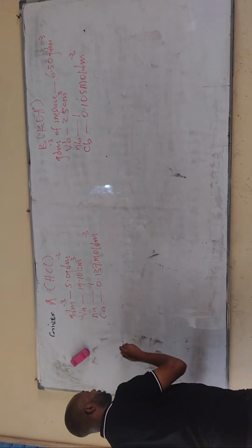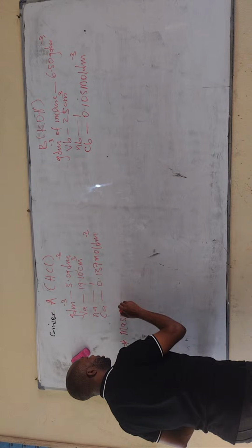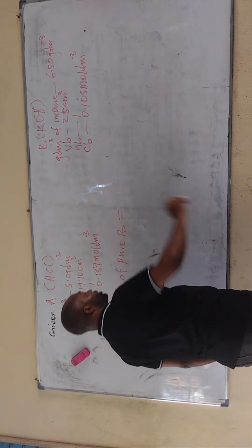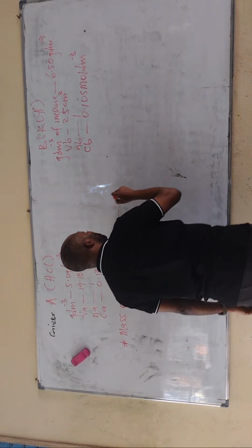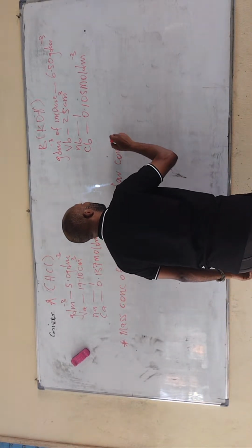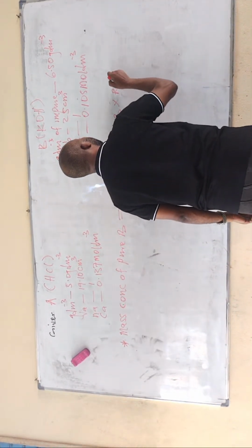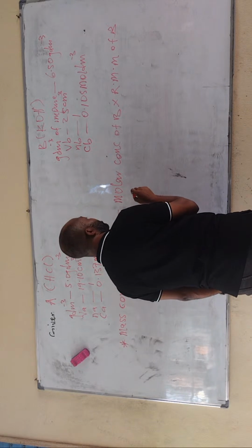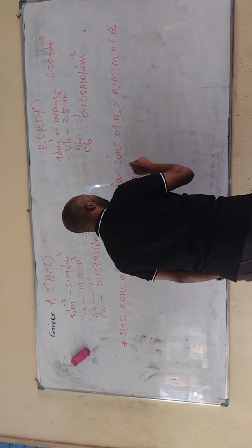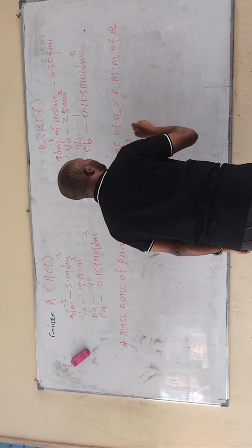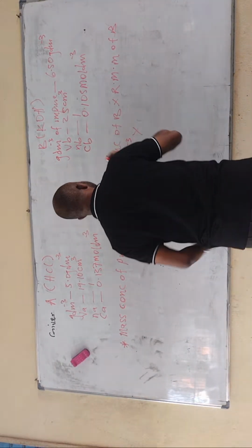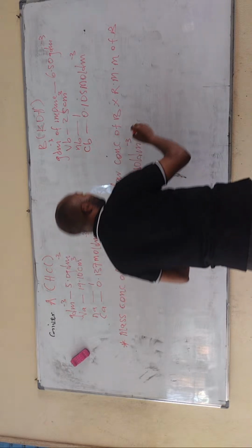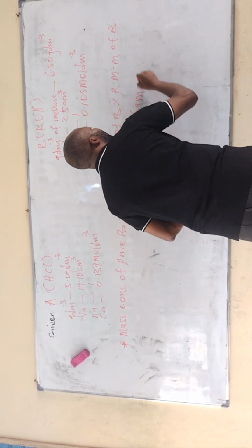So the mass concentration of pure B is equal to the molar concentration of B times the relative molecular mass of B. And the molar concentration of B is 0.105 mole per dm cube, multiplied by the relative molecular mass, which is 39. I think everything is 56 g per mole. I'm going to find out.